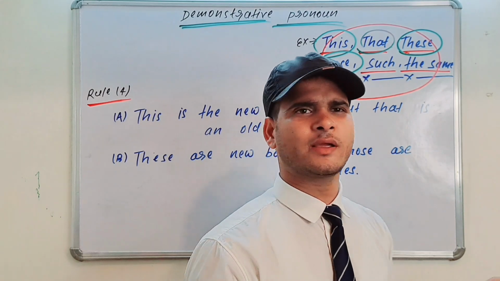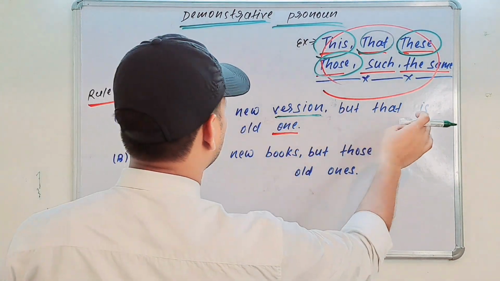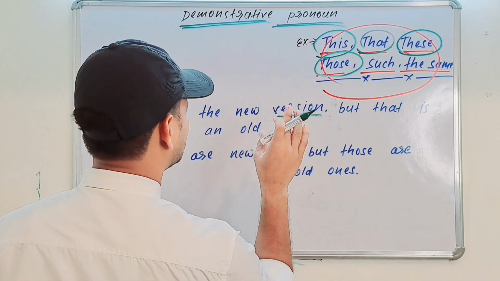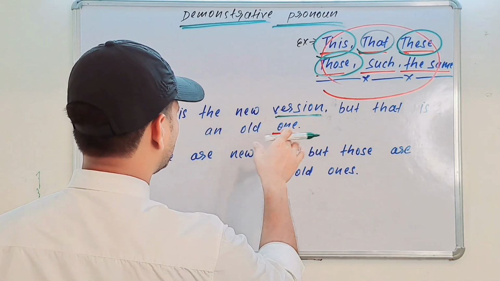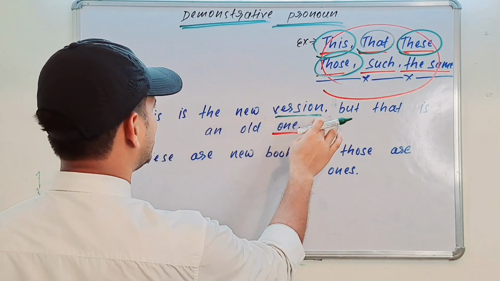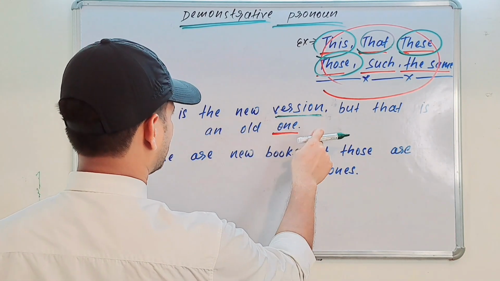And yes, it is working. I can show you. This is the new version, but that is an old one. Just suppose there is no "one" here. Then the sentence will be, this is the new version, but that is an old version.